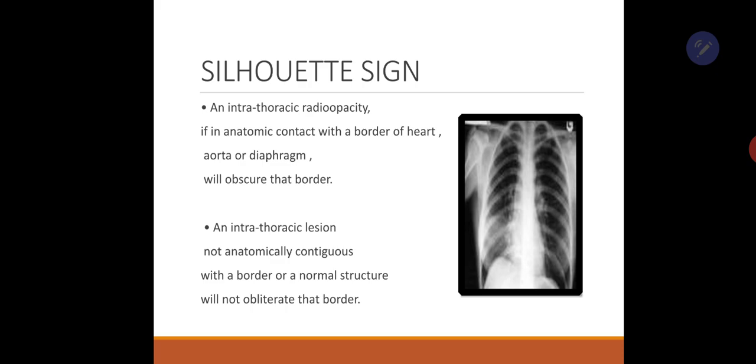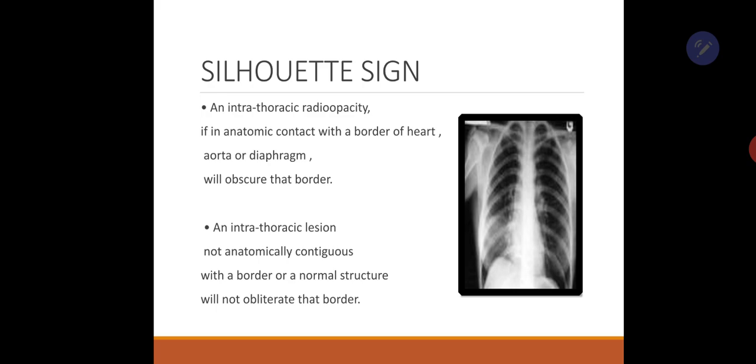Now let's come to Silhouette sign. Silhouette sign is a very important sign. It lets us come into a conclusion on what our diagnosis might be, or what we might be dealing with when we are looking at an abnormal chest X-ray. It kind of narrows down the differentials.